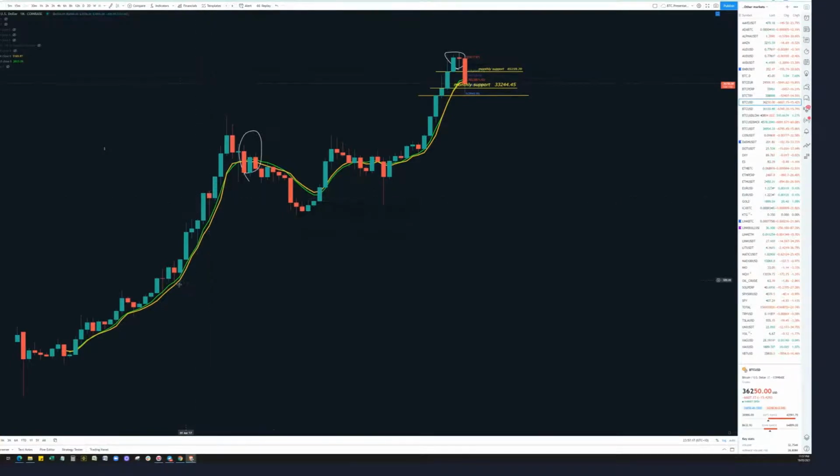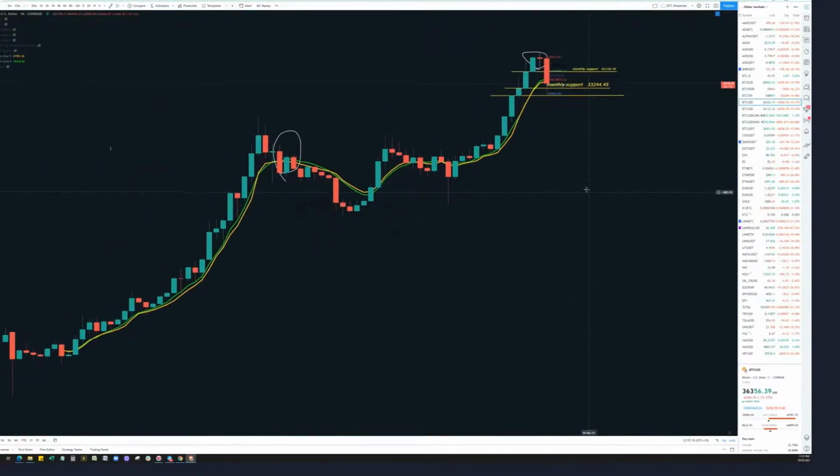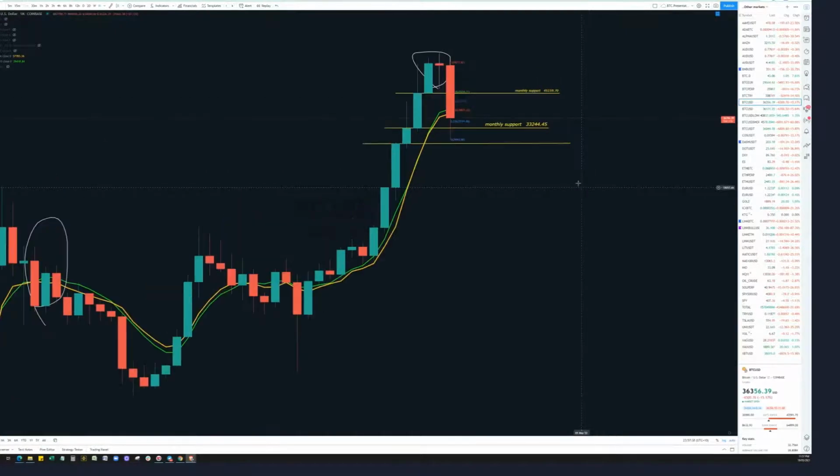But we're going to wait and see. Even if you get a red candle that's less than half the previous month, we're fantastic. So that's all I've got for now, looking from the big picture from a bullish perspective. Now, the bearish perspective is if we close like this, then it's likely to continue down.